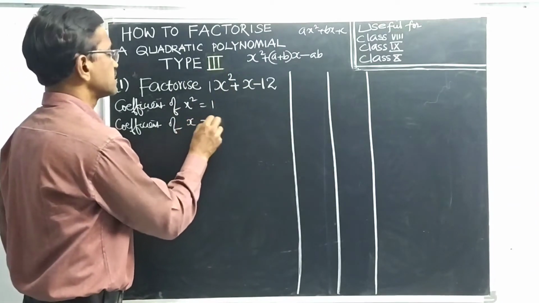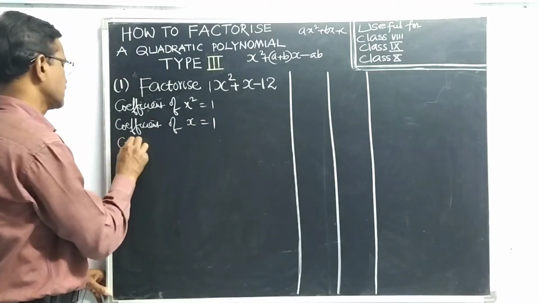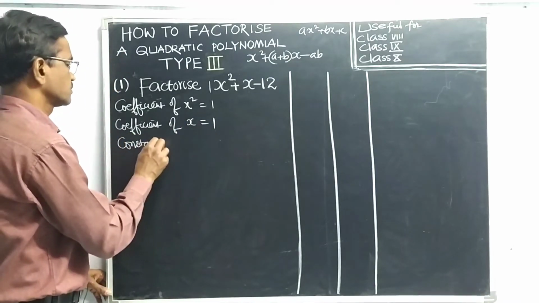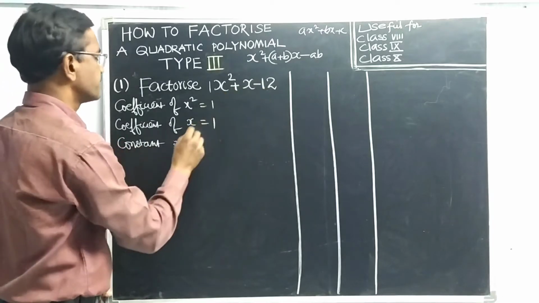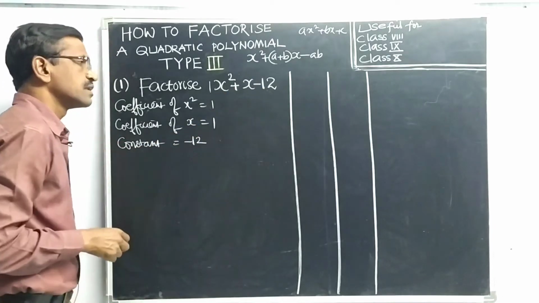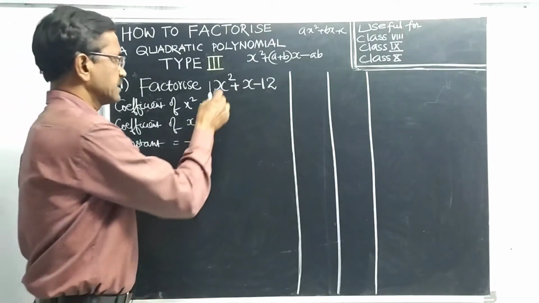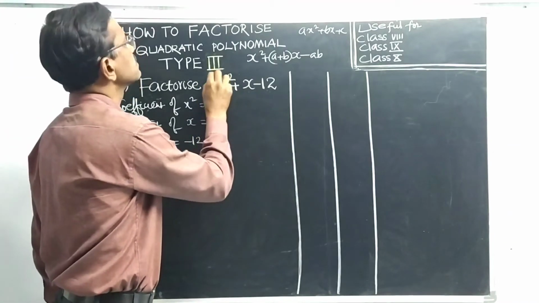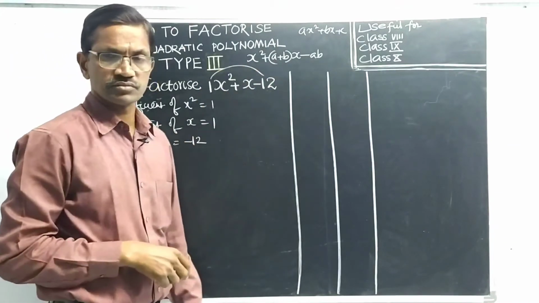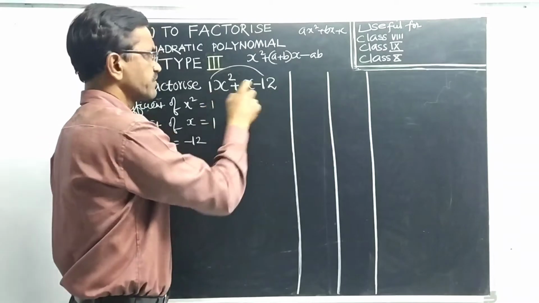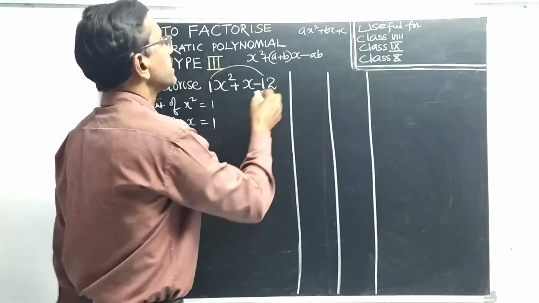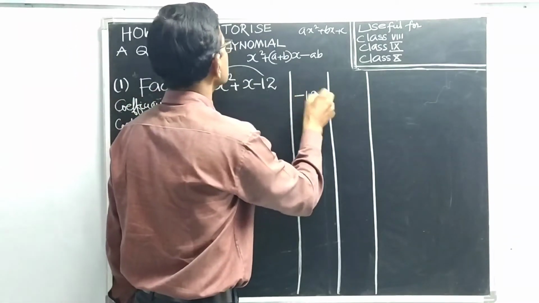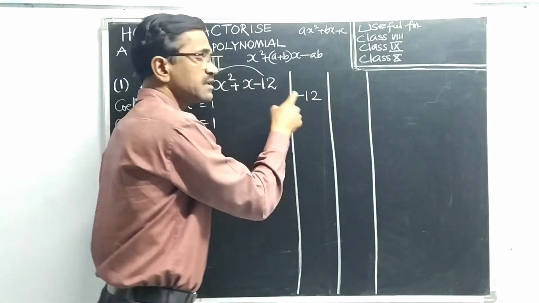The coefficient of x is also 1. Then the constant is minus 12. We have to multiply the coefficient of x square with the constant. 1 into minus 12, we get minus 12.